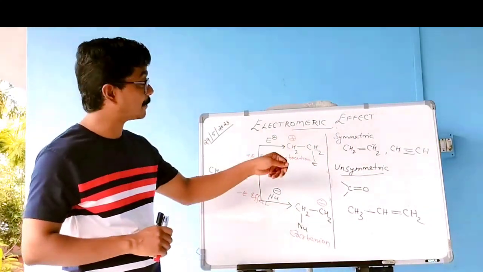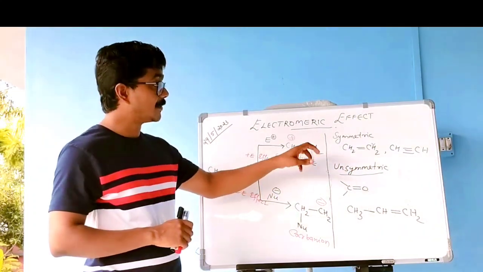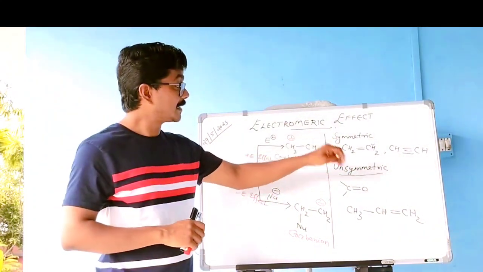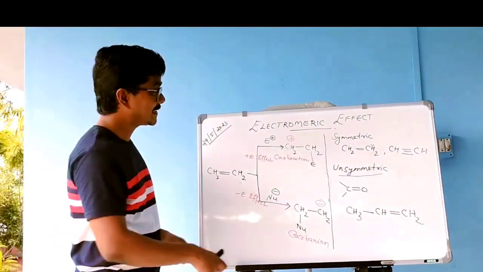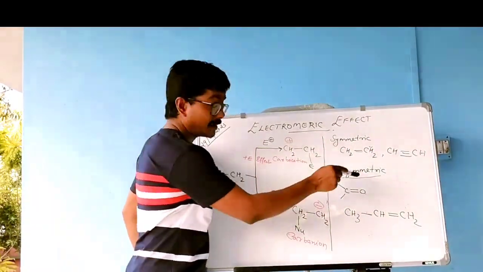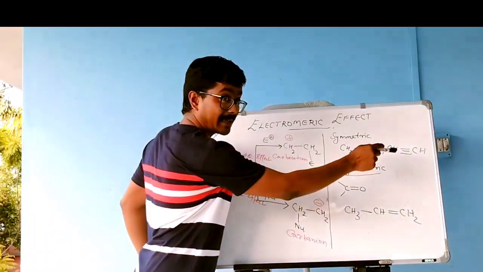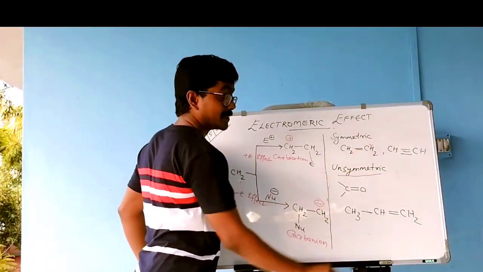Let's move on to the second part. There are two types of electromeric effect, symmetric and unsymmetric. In symmetric compounds, let's take the example of ethene, a double bond system, and alkyne, ethyne, a triple bond system.